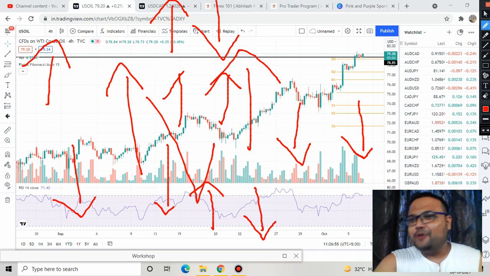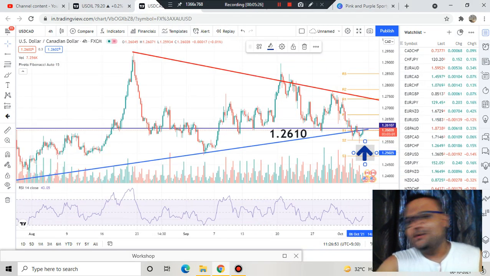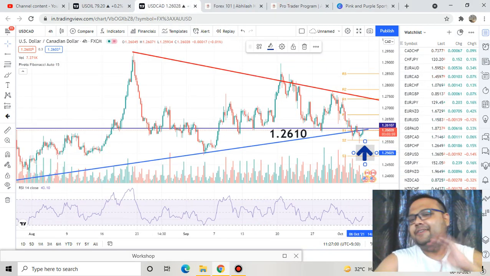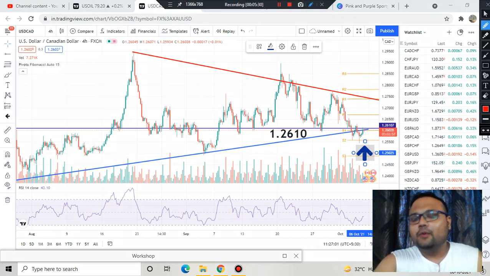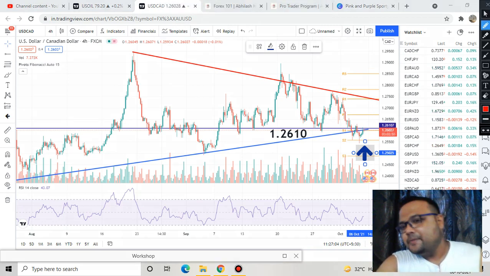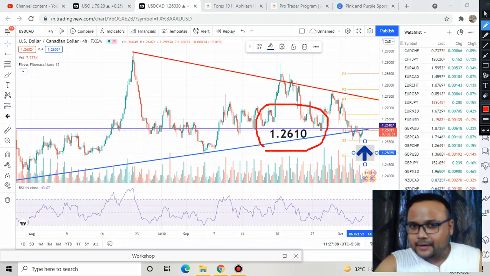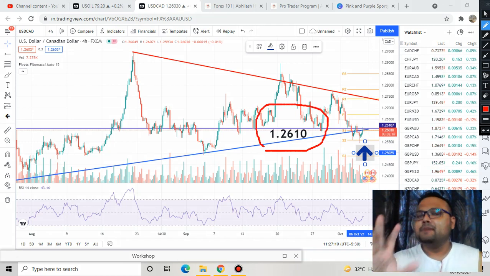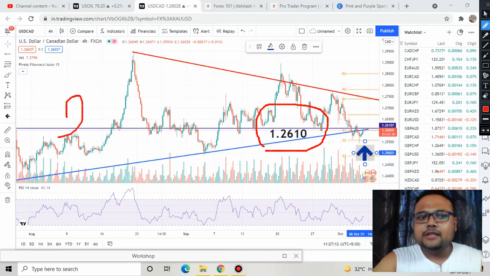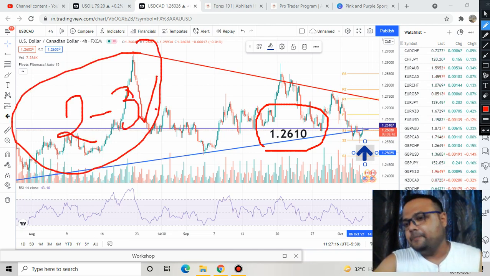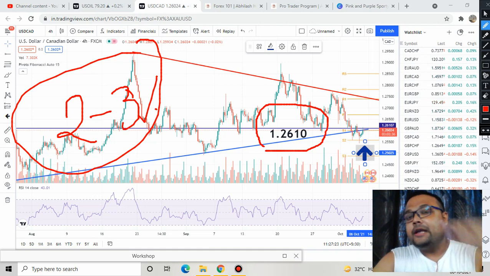If you are a beginner and have failed to understand what is going on, then just leave it. What you need to do is this: if you see the market trading above the level of 1.2610 again, then you can click on the buy button. Just follow proper risk management. Do not risk more than 2 to 3% of your trading capital. You can initiate a buy above this level if you see the market trading comfortably.